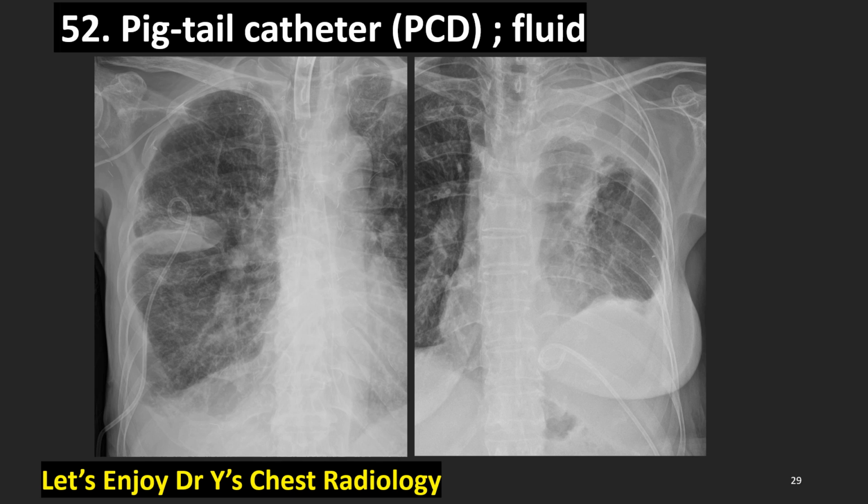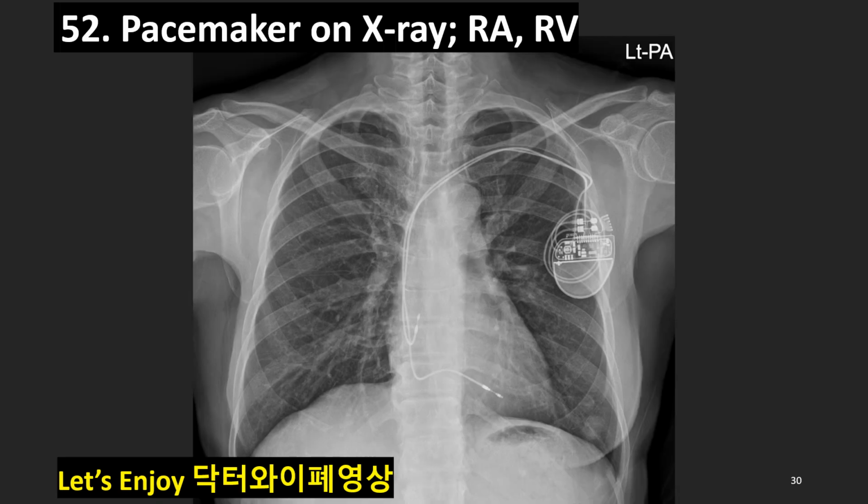How about the pigtail catheters in pleural fluid drainage? Yes, the middle of the fluid is good enough for drainage. 2-channel pacemaker: the shorter one should be in the right atrium and the longer one in the right ventricle.